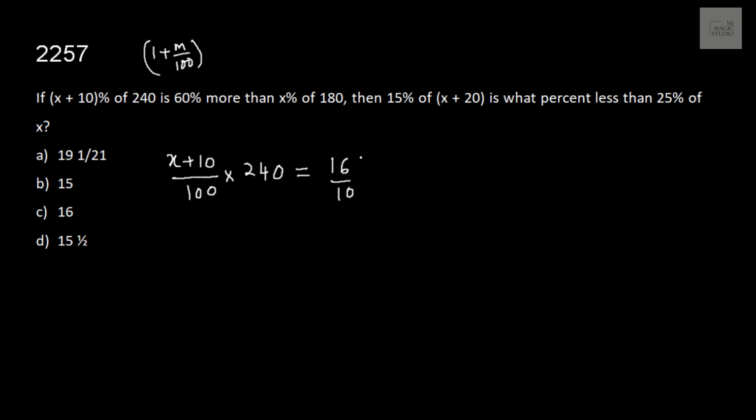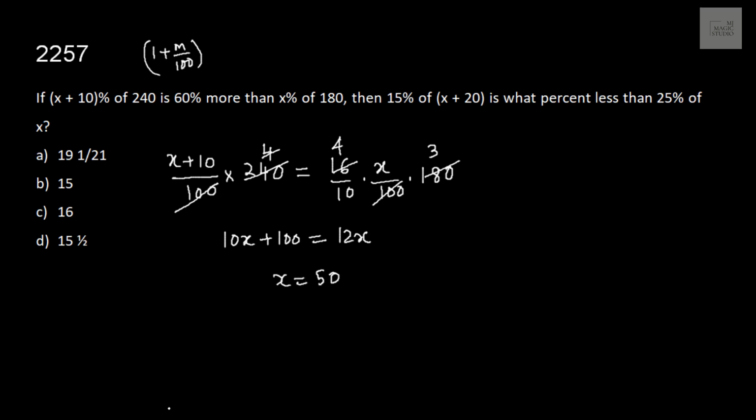Then x% of 180. We need to solve this first and we need to find the value of x. So 10x plus 100 is equal to 12x, x is equal to 50.